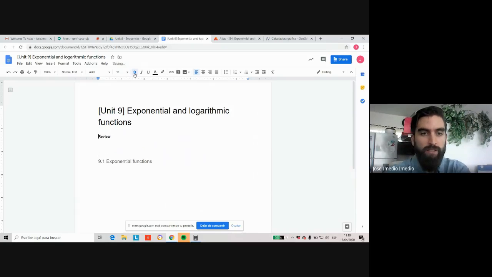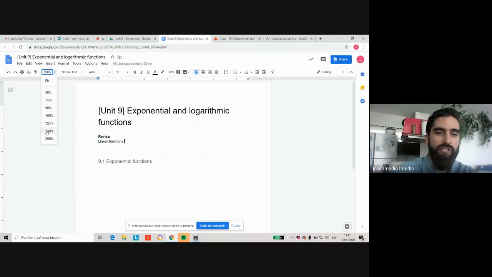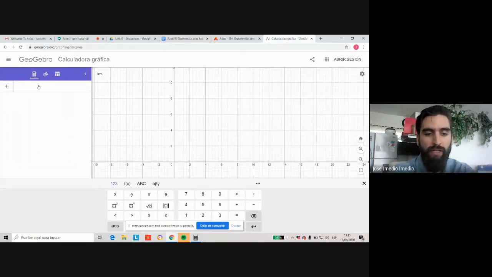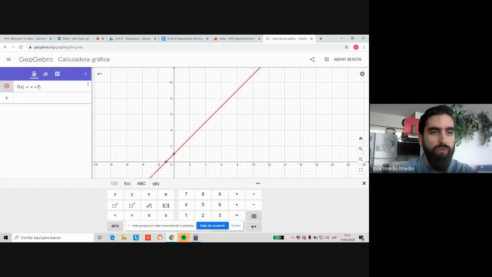Sequences and series. As you already know, I hope, we have linear functions. We learned linear functions previously this year. A linear function is something like y equals x plus 1, or f of x equals x plus 1.